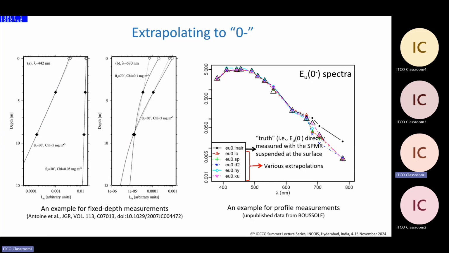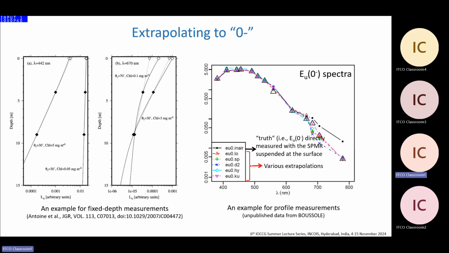And we could apply that shape to our two measurements and make a better extrapolation to the surface by doing this. And we checked it, and that's what is on the right side, by comparing to what we would get from an in-water profiler, with which you have less of this issue because you get measurement much closer to the surface. So the extrapolation is less uncertain.